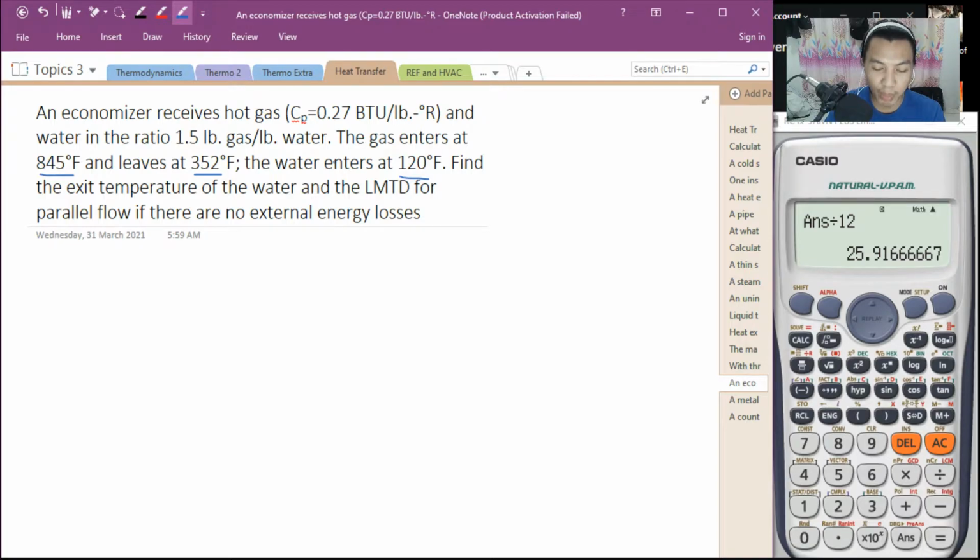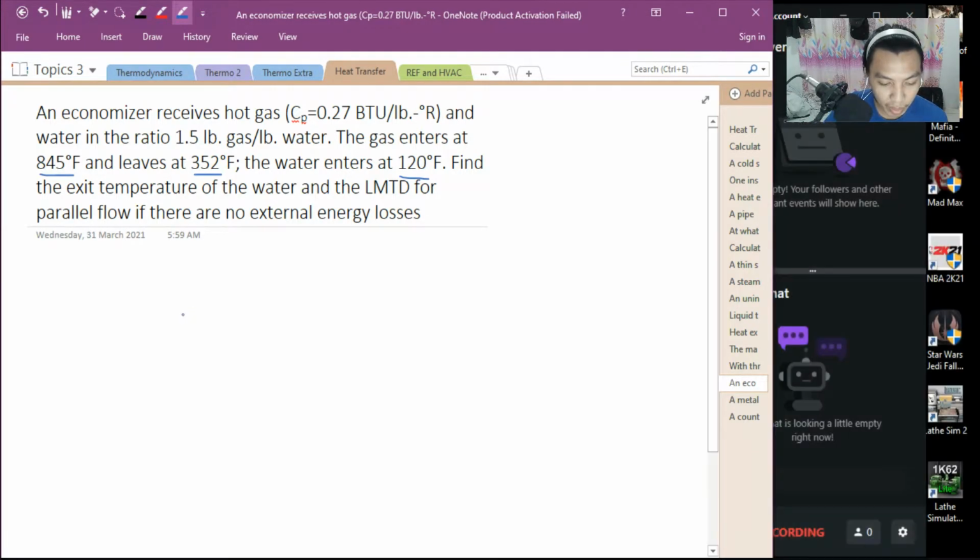Now, medyo complicated yung problem. Let me just read again the problem. Ayun, pound gas per pound water. Tama. So, dito, meron kang cross flow. Okay? So, that is Q ng gas is equal to Q water. Heat to heat. Kapag may dot, that is flow rate.